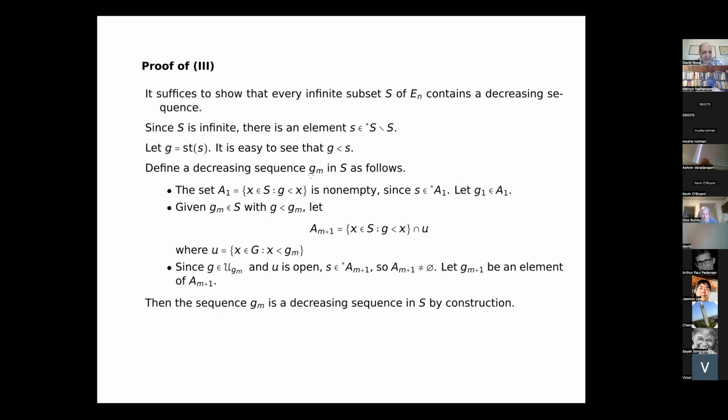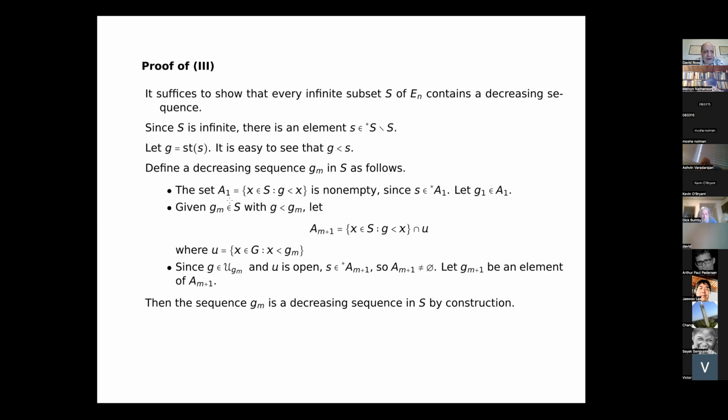And so here's how we define the decreasing sequence in G sub m. First of all, we start with the things that are bigger than G. This is a standard set, but I'm defining it in terms of the standard element G. If we take its star, it includes this s.